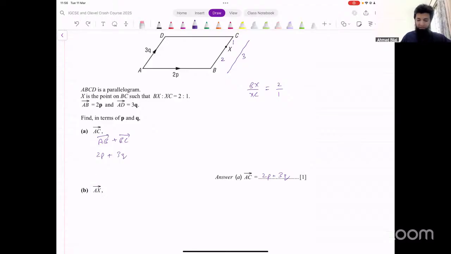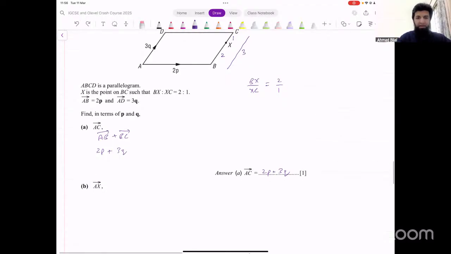AX vector. We have to start at A and end at X. Okay. Now, what path can we follow on this diagram? We can go from A to B and then B to X. AB plus BX. Okay.